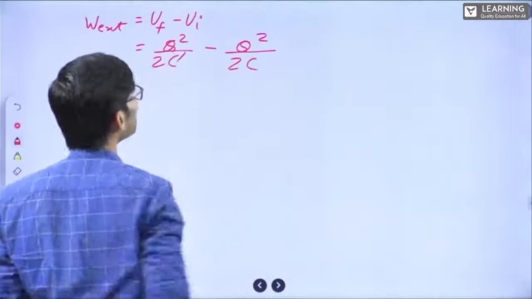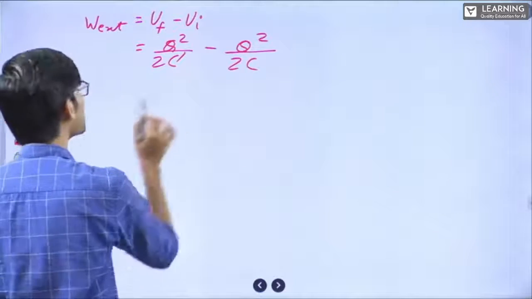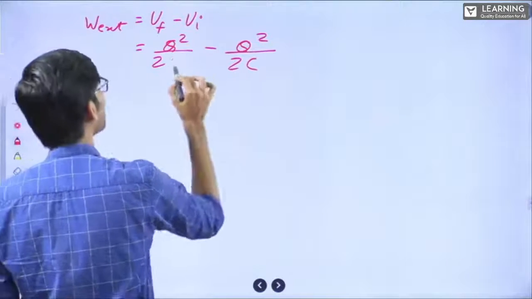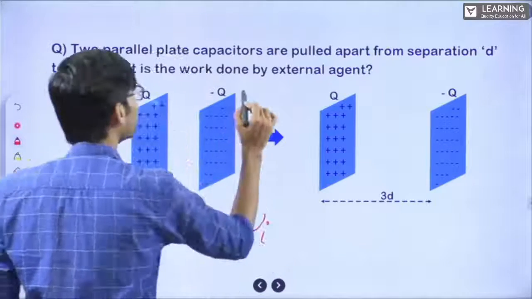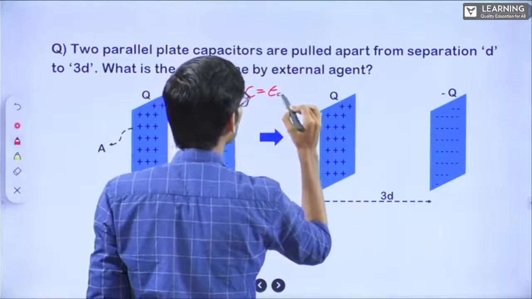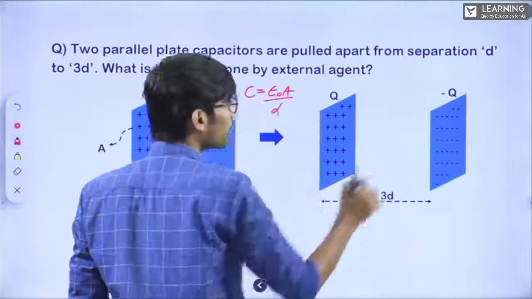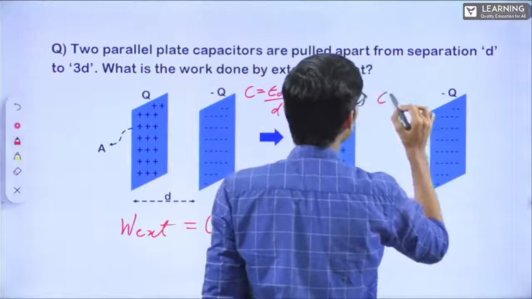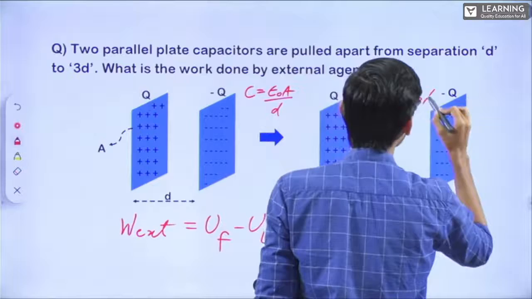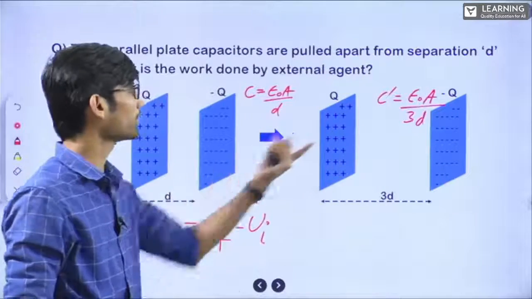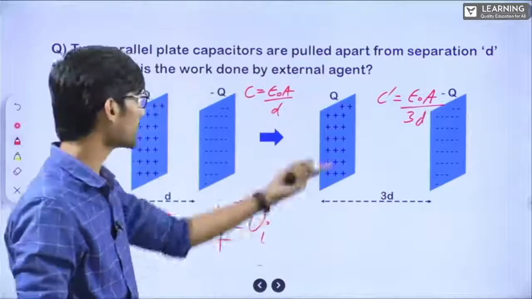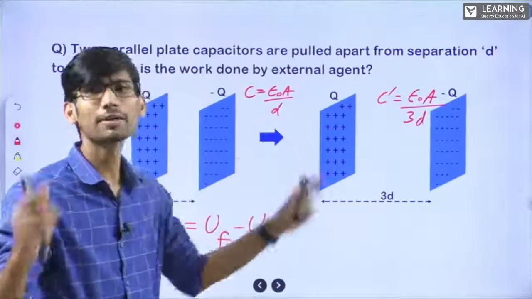Here the C will be different, let's say C dash. Why will C be different? Because the separation increased. Here C will be epsilon naught A by D. Here C dash will be epsilon naught A by 3D, correct? Area is still the same, only the separation is increased.